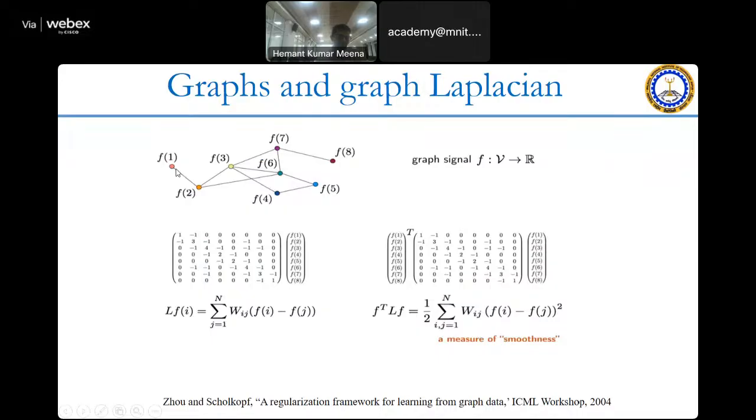For example, the value at 1 is positive, at 2 is positive, at 3 is negative, and at 4 is positive. It means fluctuation in the value, a change in the value, and that can be measured with the help of this magnitude, F transpose LF.